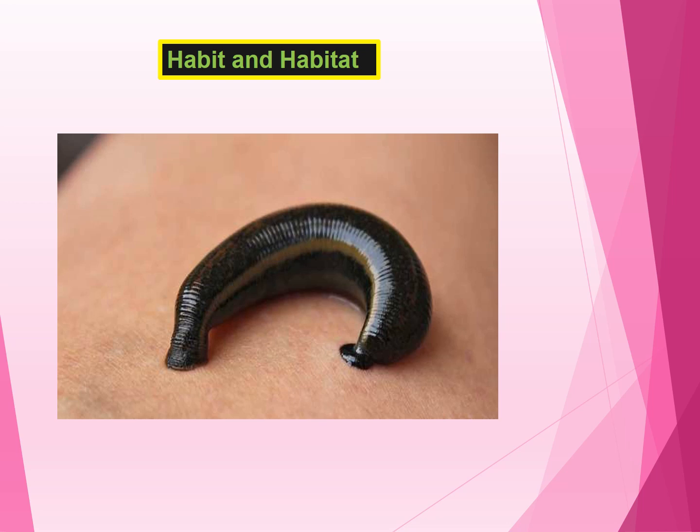Ecto means they live outside the host and feed on the blood of fishes, frogs, cattle and humans. It is sanguivorous in nature. Sanguivorous means blood-sucking organism.